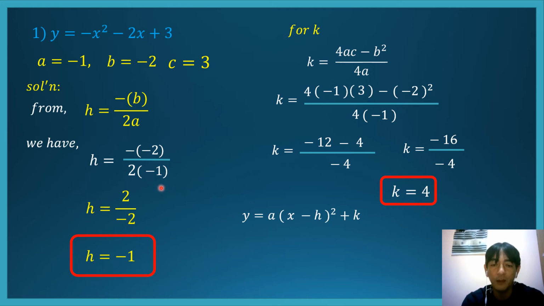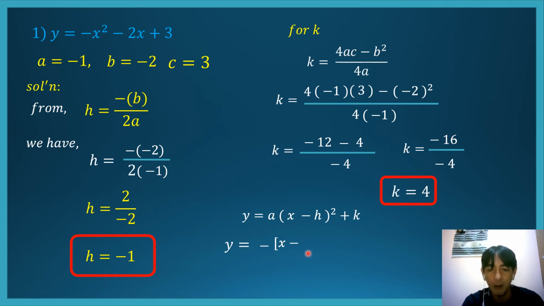So, from the formula ng vertex form, y is equal to a quantity x minus h quantity squared plus k. Ang y natin, so i-plug in mo yung value ng a, which is negative 1. So, pero hindi na sinusulat yung 1. So, negative na lang. Times quantity x minus, so as you can see, bracket ang ginamit ko kasi ang h natin is negative.